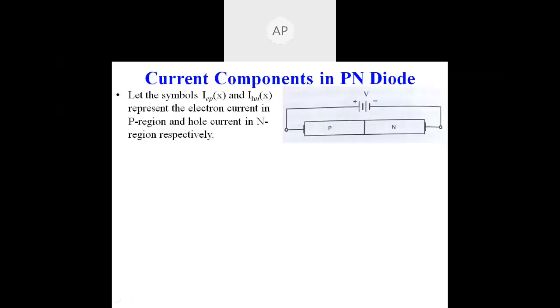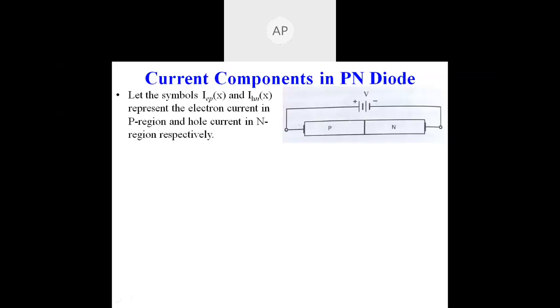If we consider that an external voltage is applied to this PN junction diode, with the positive terminal to the P side and the negative terminal to the N side, then due to the forward bias there exists a potential gradient in the P region and the N region.